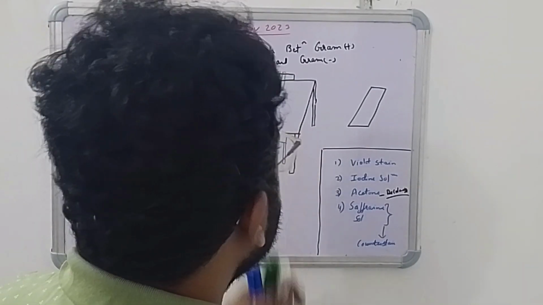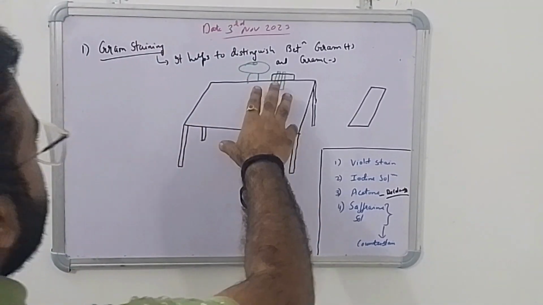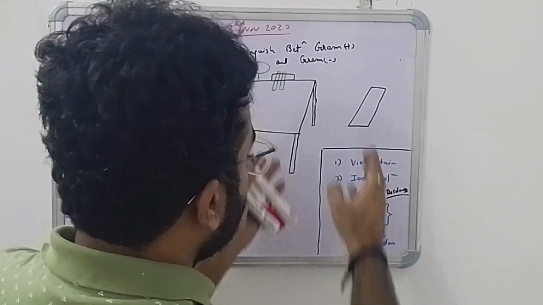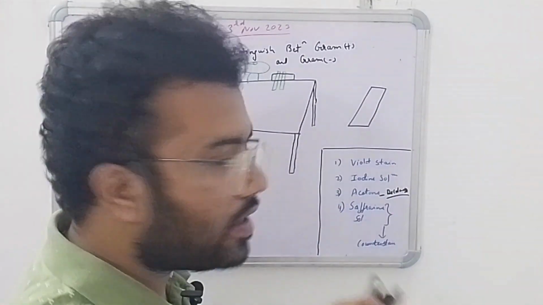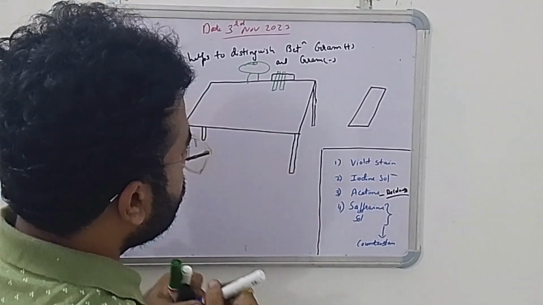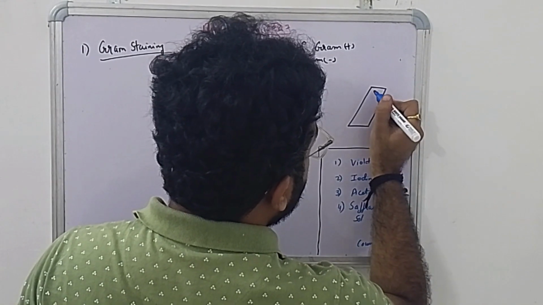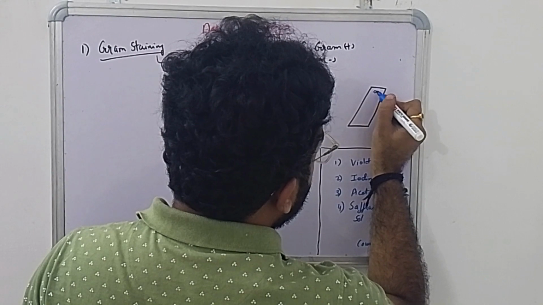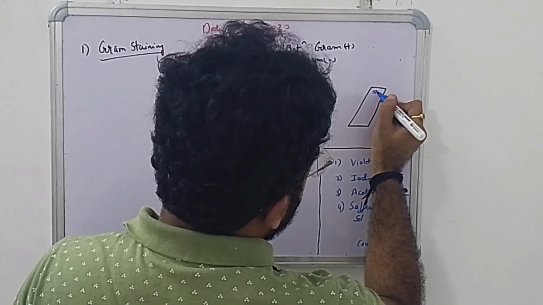So this is the slide. It is very small, but we will magnify it here for you, for ease of viewing. Here, for example, it is a smear at one end of the slide.